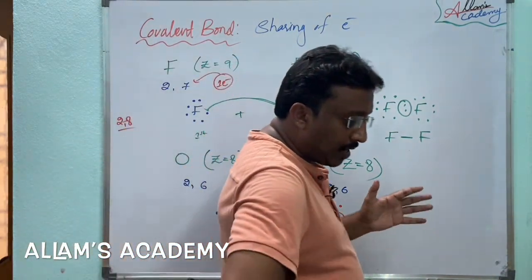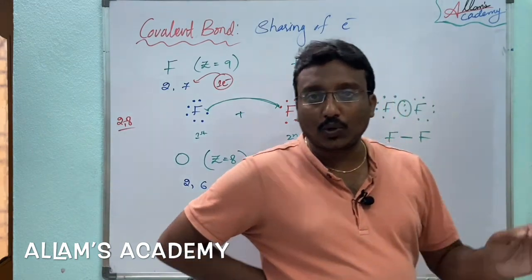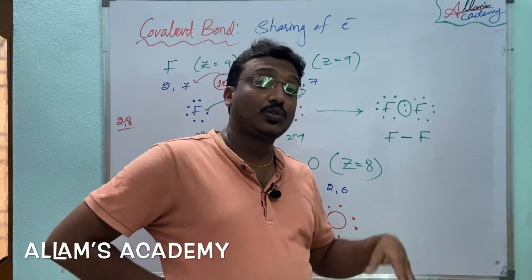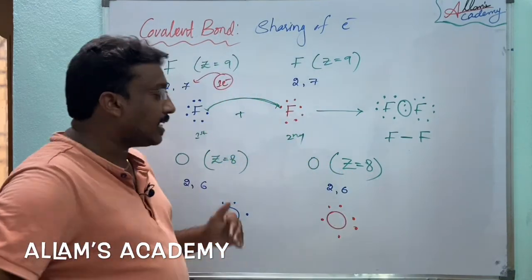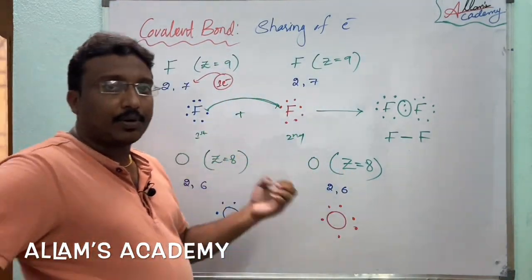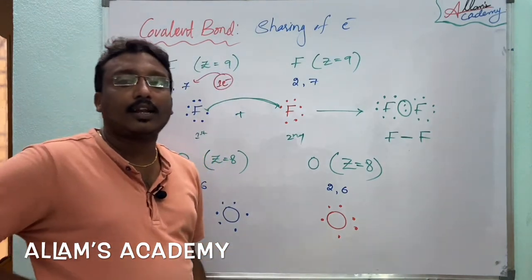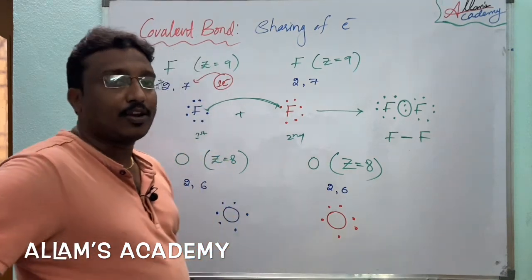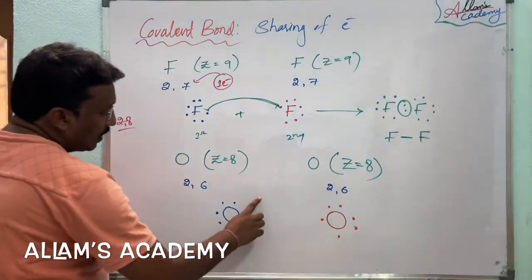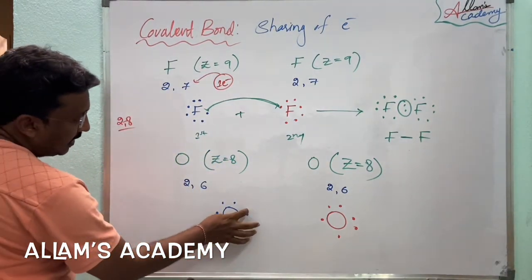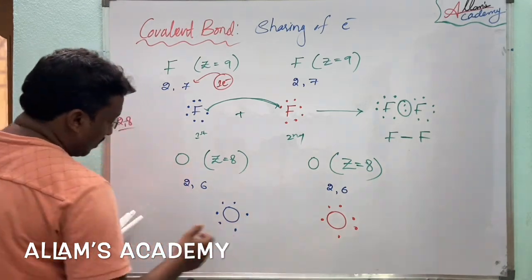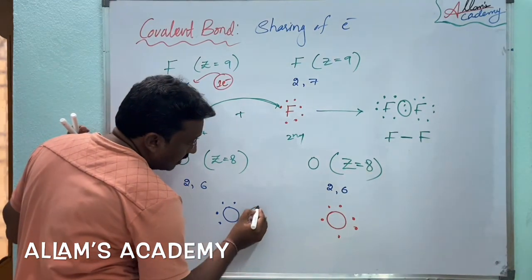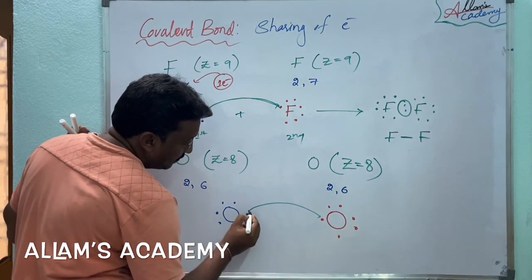To get a stable electronic configuration, if there is no chance to lose or gain electrons, in such cases the octet electronic configuration can be gained by sharing. So here to get the octet configuration it requires 2 electrons, so in such a case these can share the electrons.